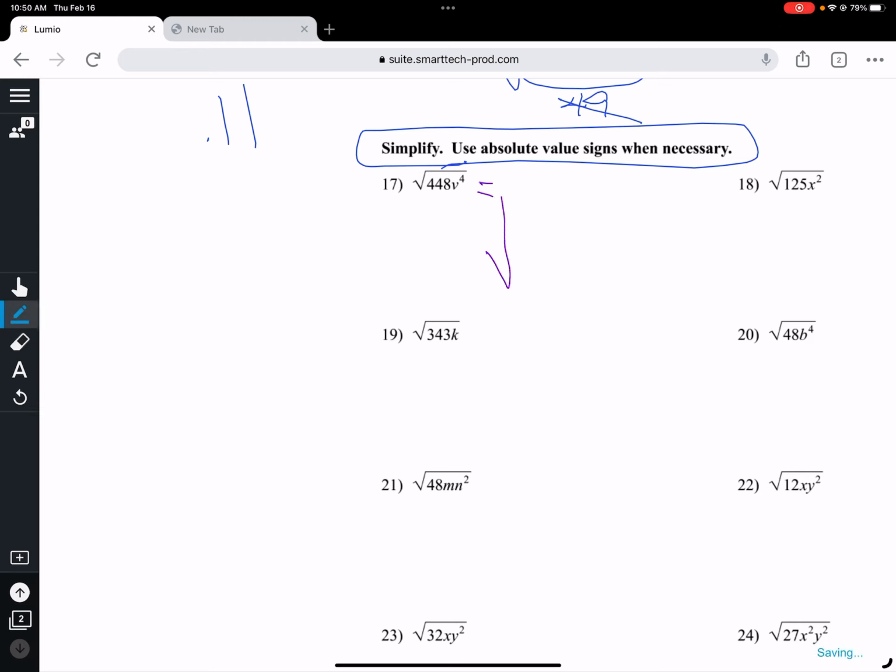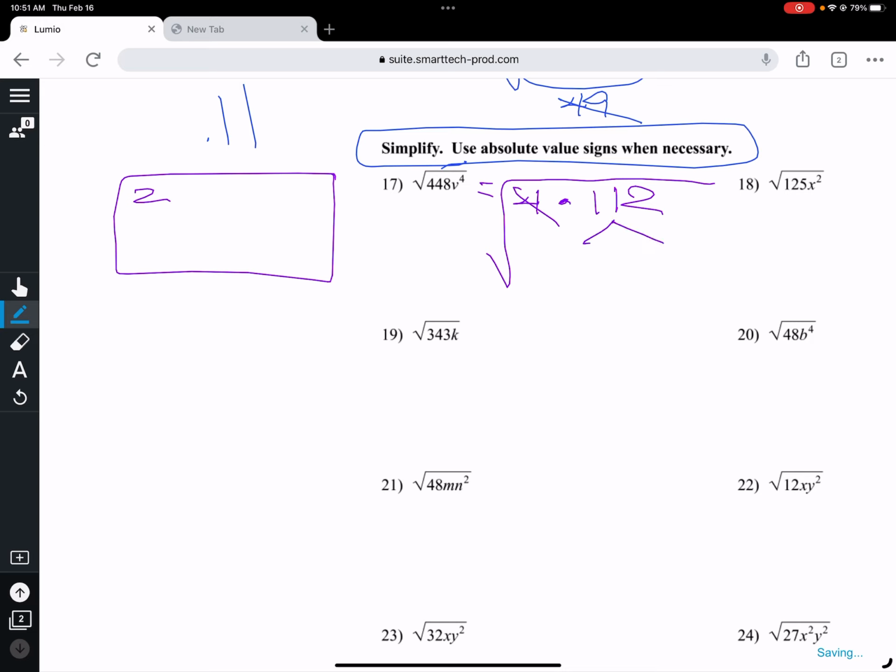I'm going to do me a big radical. 4 times 112. What happens to our 4? It becomes a 2. All right, again, 112. It ends with a 12, so we know 4 will go into it because it's divisible by 4. Remember, the last 2 numbers, if that's divisible by 4, then the whole number is.